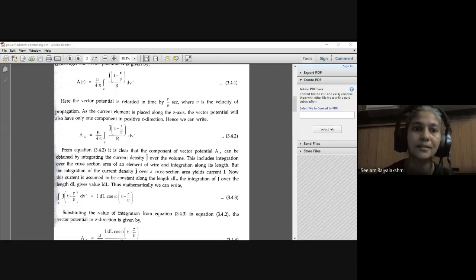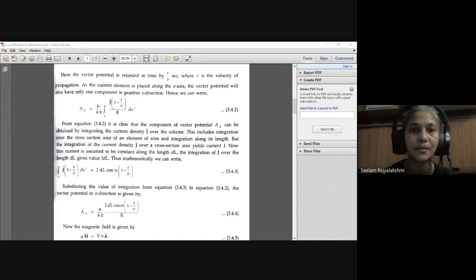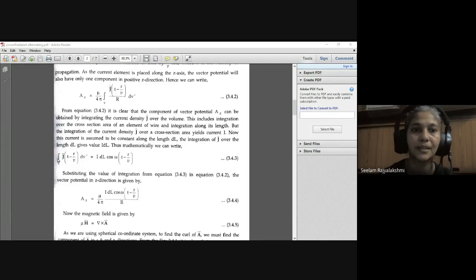The integration of J over a cross-section area yields current I. This current is assumed constant along the length dl, so the integration of J over the length dl gives I dl. Mathematically, integration over V of J bar at t minus r by nu dv dash equals I dl cos omega t minus r by nu. This is equation number 3.